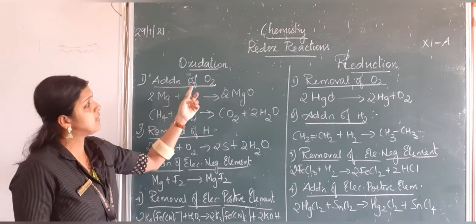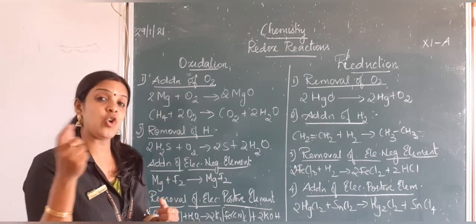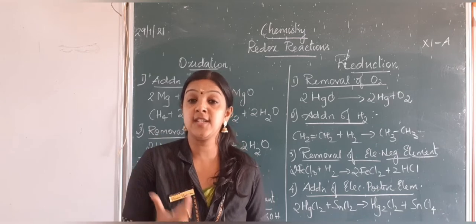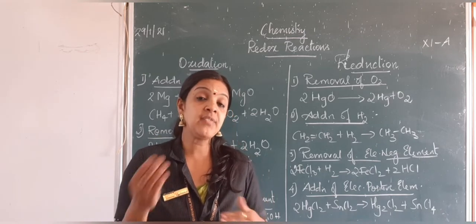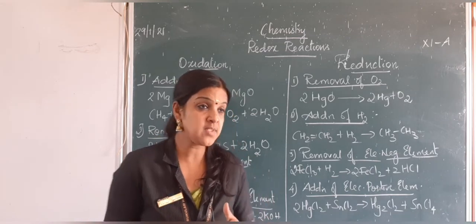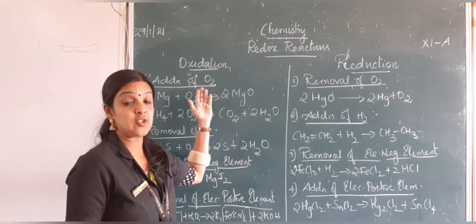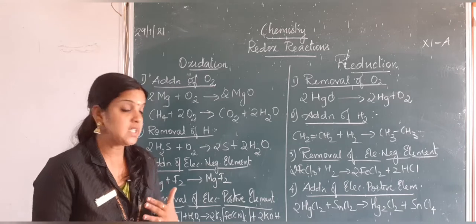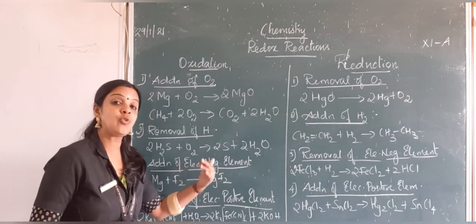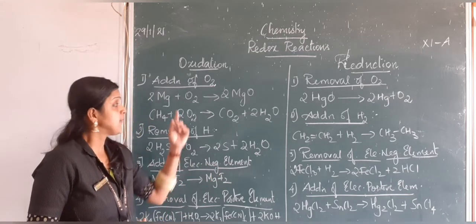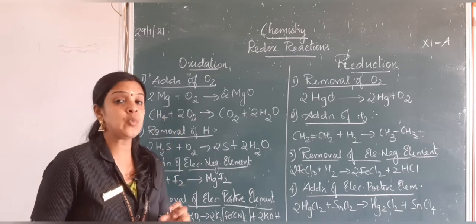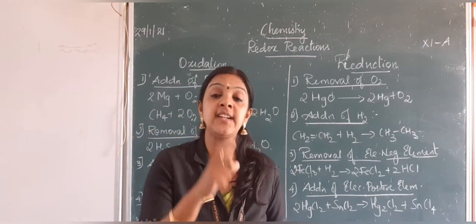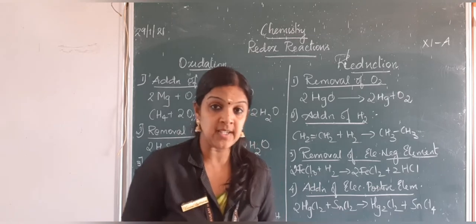When we talk about oxidation, oxygen is an electronegative atom. So when we talk about electronegative atoms, oxygen is being added. Why can't we put it in other words, like addition of electronegative elements? Because when oxygen is getting added to an element or a compound, definitely it is getting added to an electropositive element.